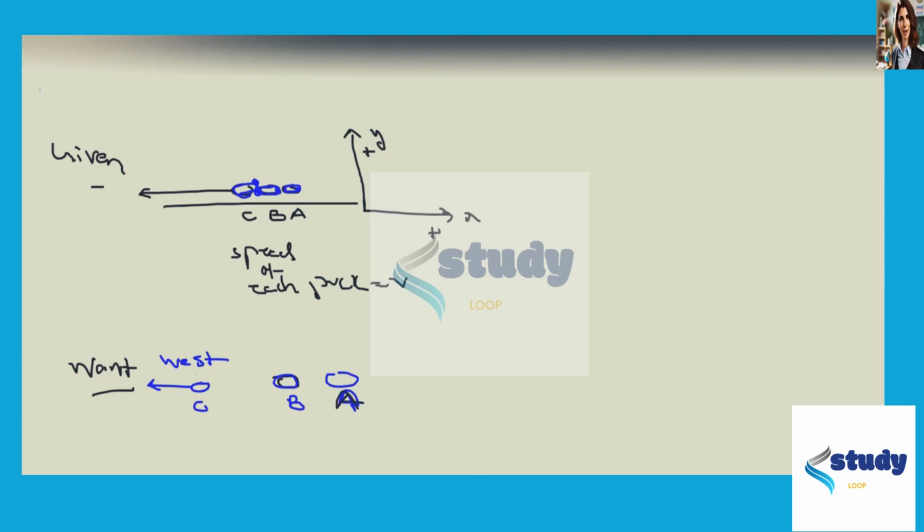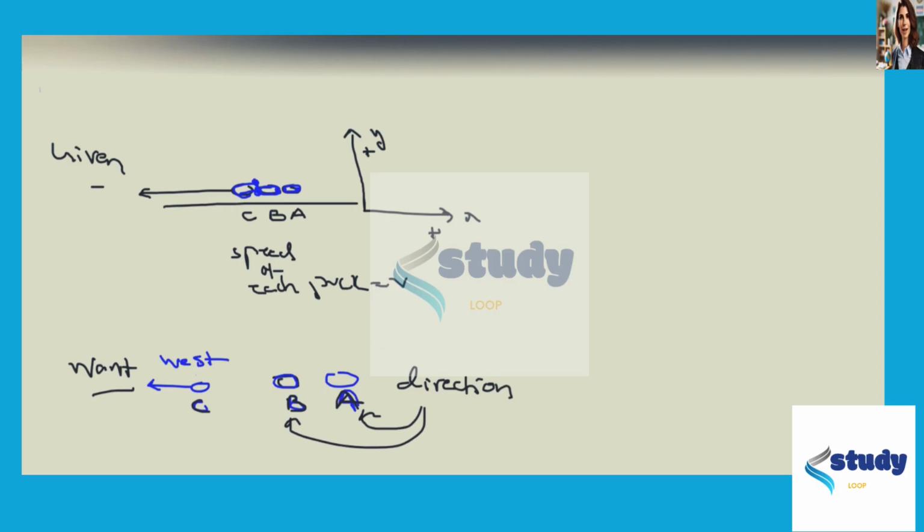It's a fairly abstract problem requiring us to use momentum. The first thing we need to do is find the direction that A and B are going to go.